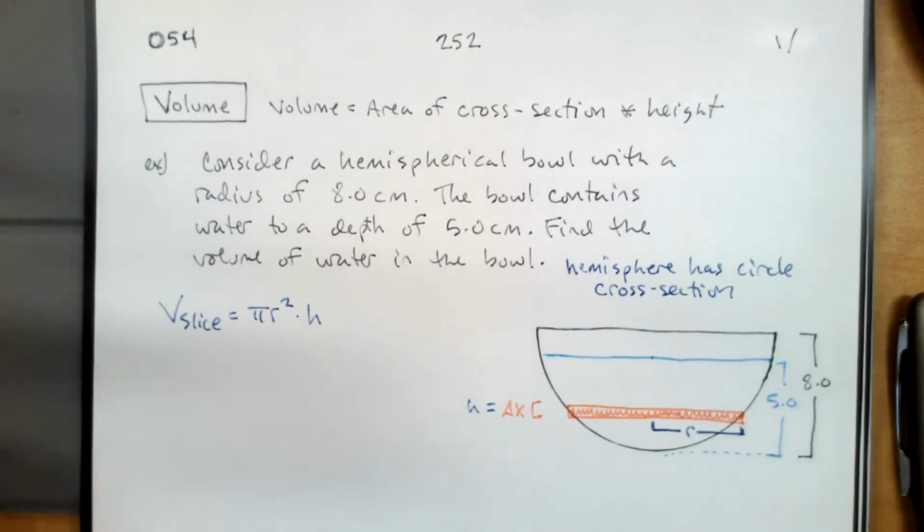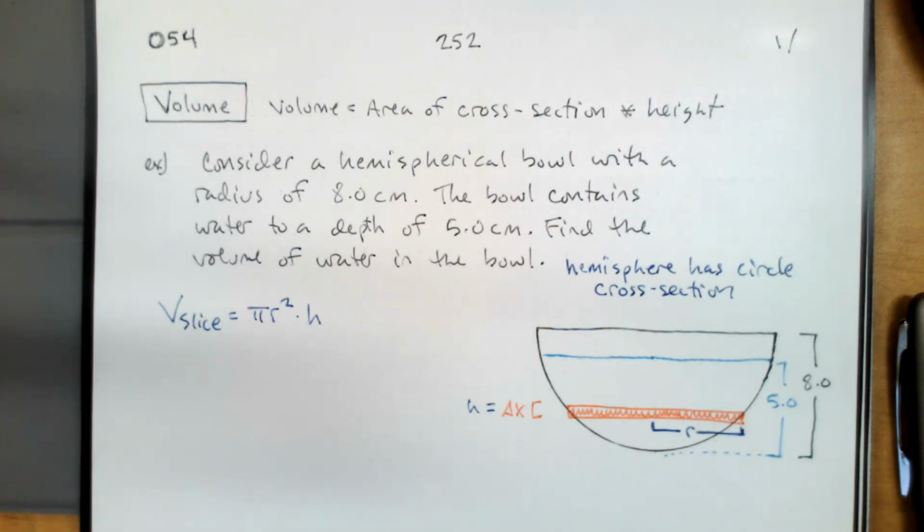There's the radius of that circle. What we need to do is relate the radius to some x variable that needs to be a vertical variable.